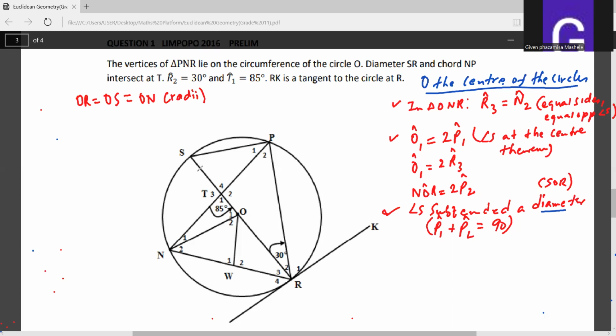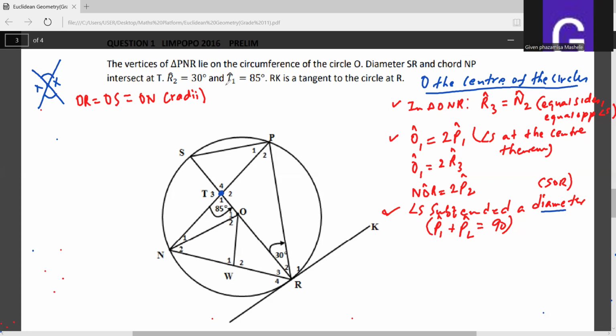And chord NP: diameter SR and chord NP intersect at T. You must know from grade 10 that when two lines intersect, you have vertically opposite angles. So this angle and that angle must be equal. You see that where the lines intersect, T1 and T4 are equal, and T3 and T2 are equal. I believe you know these basics.